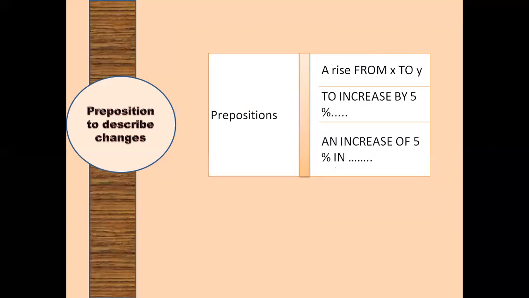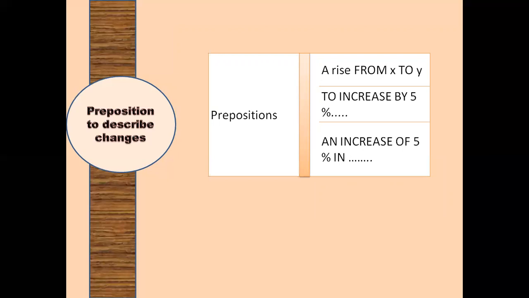There are some prepositions that you have to be very careful while using. The graph has an initial point and then an ending point, for a period of time. How to express such a condition? A rise from x to y: suppose something started from 2010 and continued till 2020.